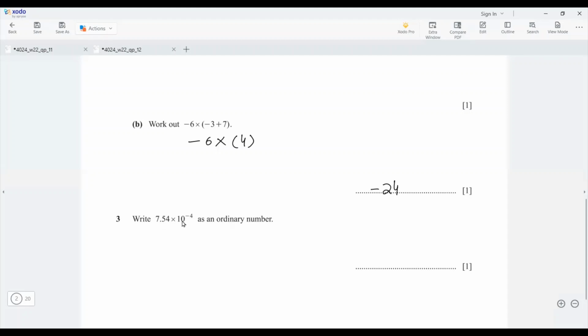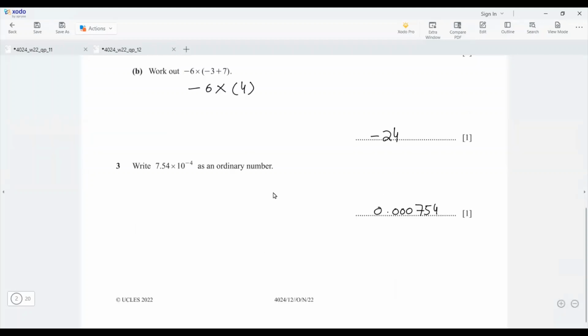How many digits? 4 digits. One is the 7, so we have to use 3 more zeros before that 7. So it is 0.000754. This is the final answer for question number 3.